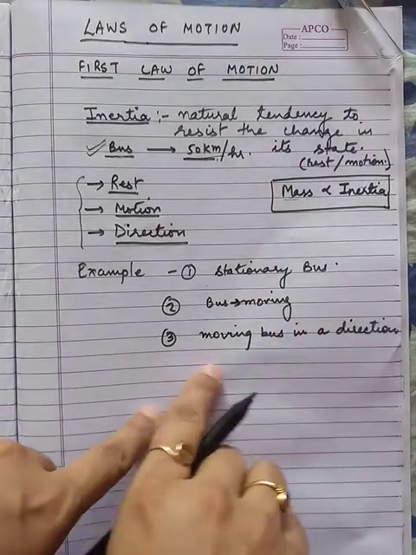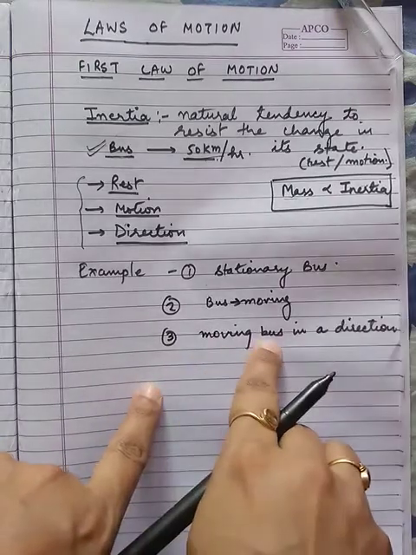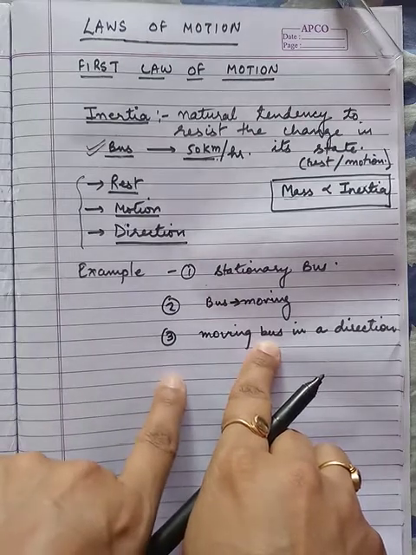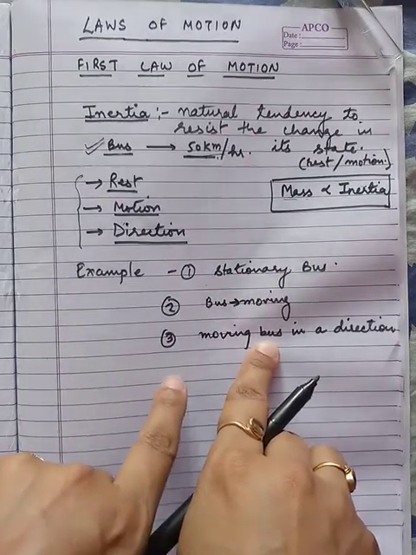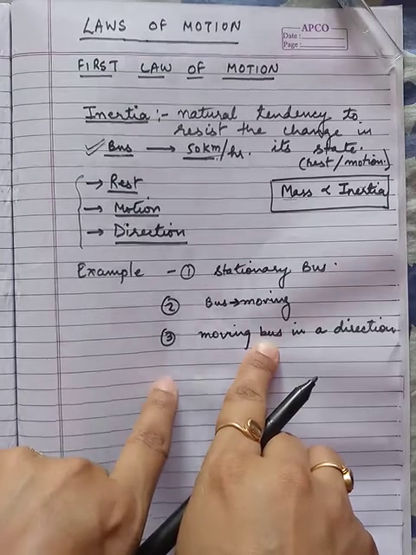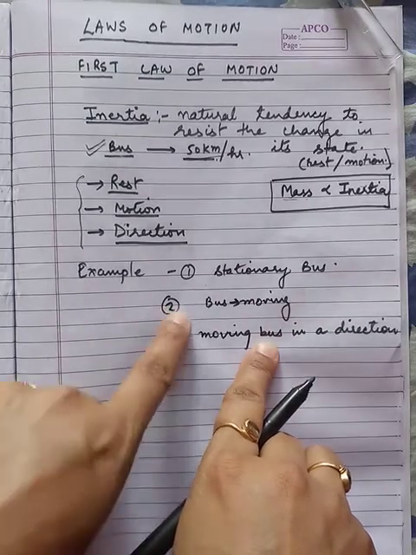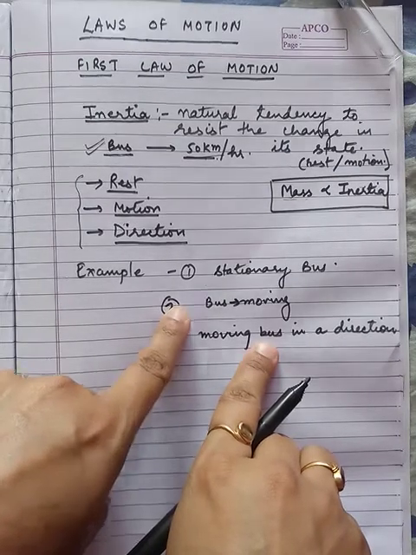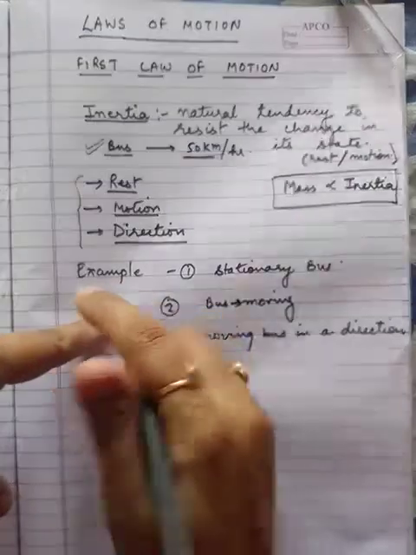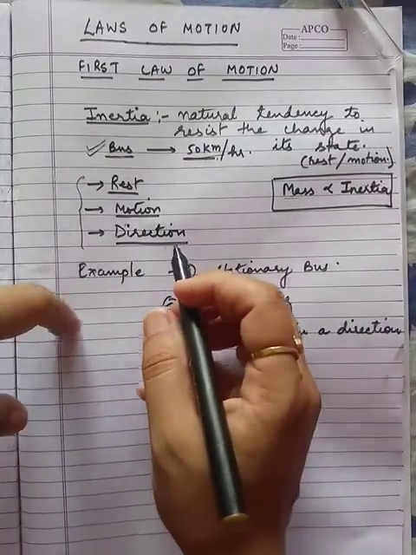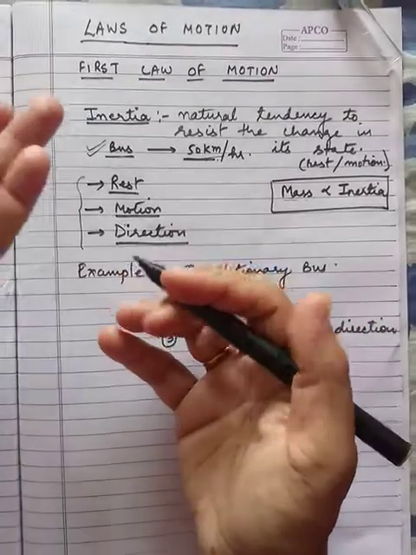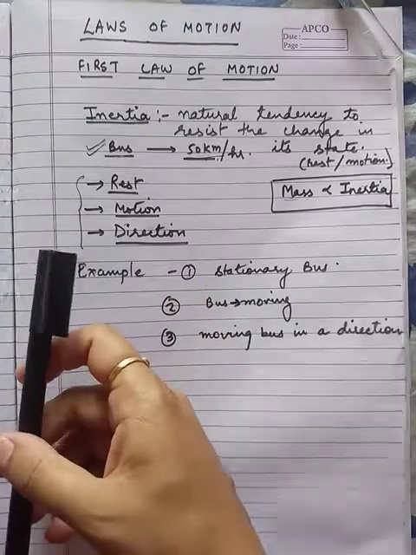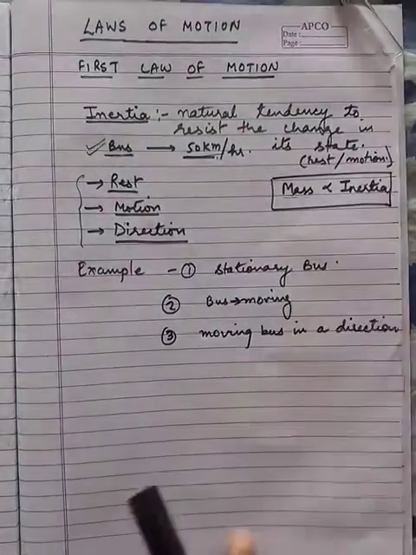So if the bus is moving towards the right, our body will try to move towards the left, trying to be in the previous motion, that is the previous direction. It wants to go in a straight direction, right? So it is an example of inertia of direction. That means an object in a state of motion does not want to change direction also.